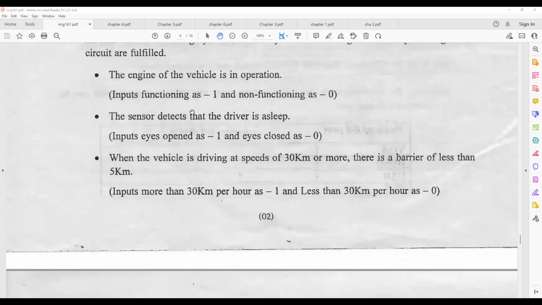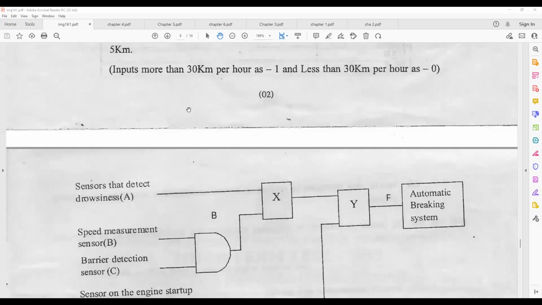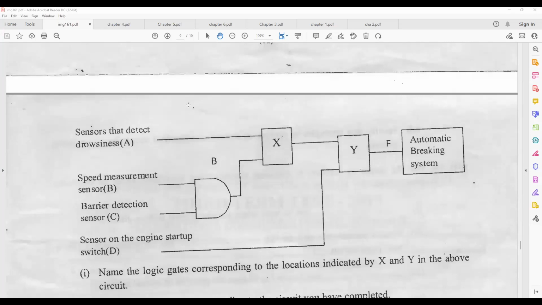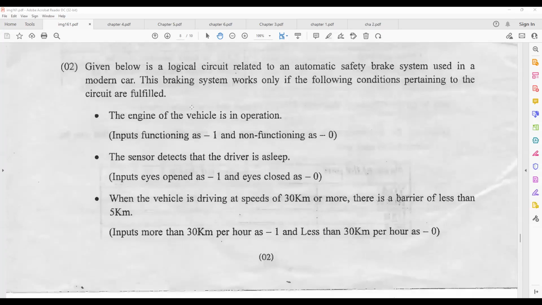Yeah, I think from here, open is 1, closed is 0. So the braking system works when the driver is asleep.